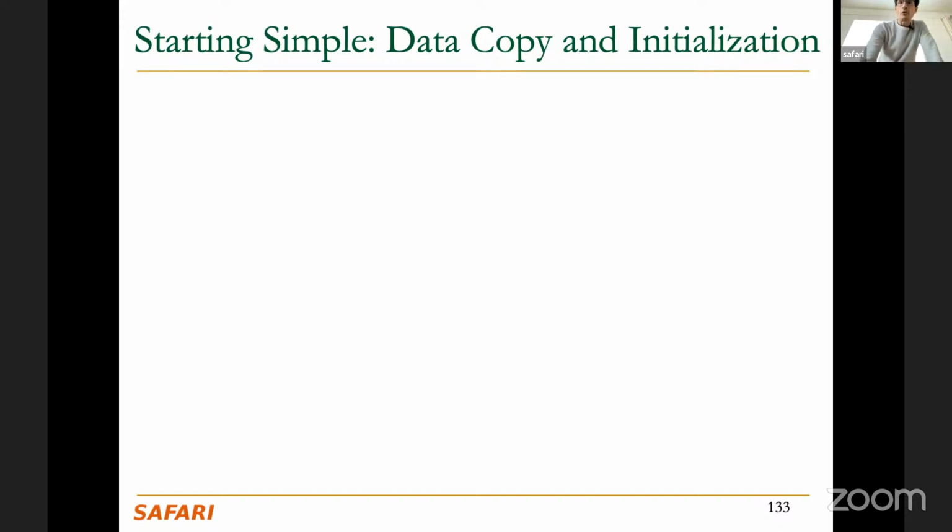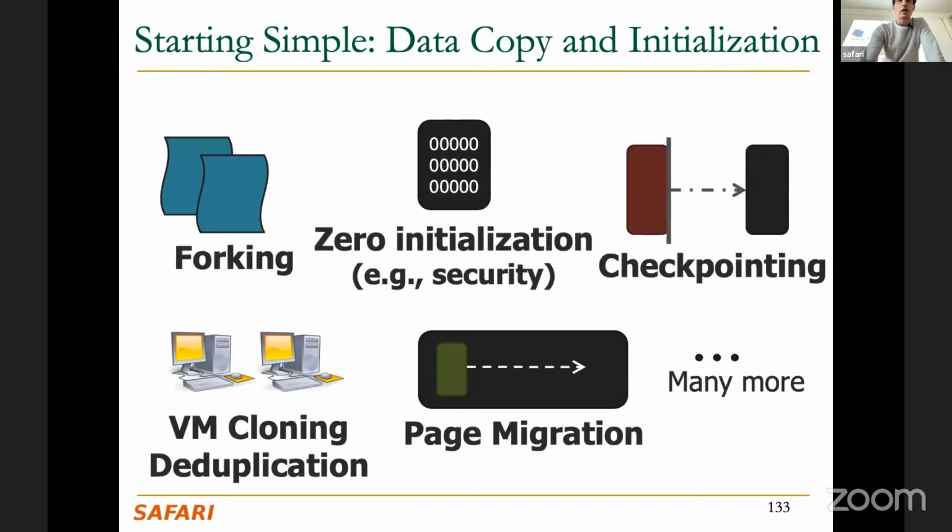One way of using processing using memory would be data copy and initialization. If I just want to copy data from this part of the memory to this part of the memory, why do I need to move the entire chunk of data to the processor, bring it to the L1 cache, and then move it back to the memory? That's extremely costly, as we are going to see in one example.